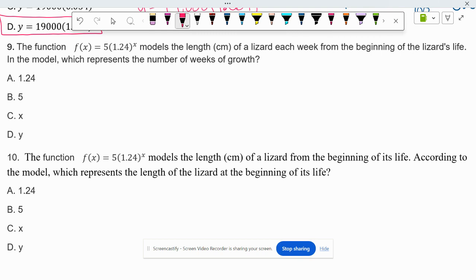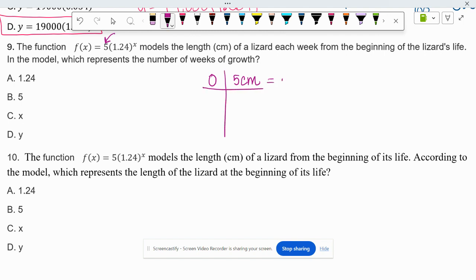How big is the lizard when it's first born? What's the initial value of it? Yeah. So when it's brand new, first week of life, it's 5 centimeters. What is my multiplier?